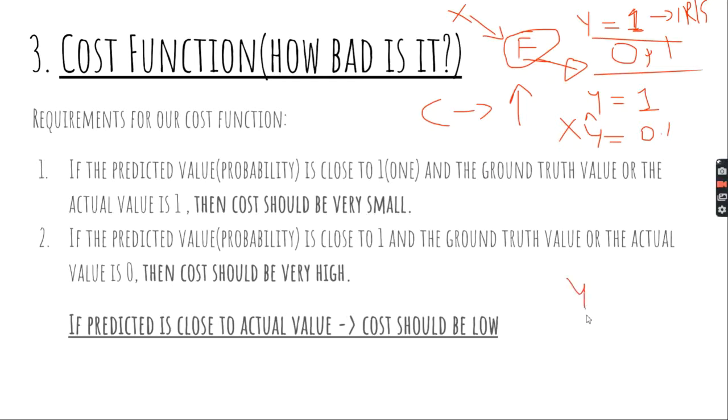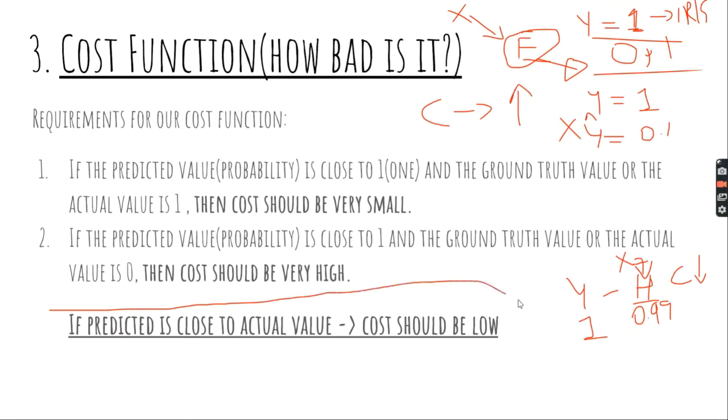On the other hand, if the true value is 1 and the probability given out by our hypothesis is 0.99, this means that according to our model, the probability that the input vector x, the sample that we were just working on, belongs to the positive class is 99%. Then the cost should be low because this is what we wanted and this is what we got.